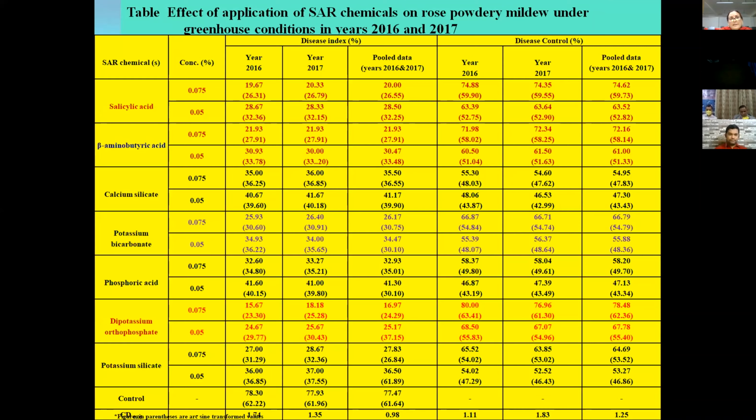And salicylic acid was next best, followed by aminobutyric acid. But potassium bicarbonate, usually as an old practice, gave us 66.7% in 2017. Similarly, around this much percentage of reduction in the disease level has been observed.